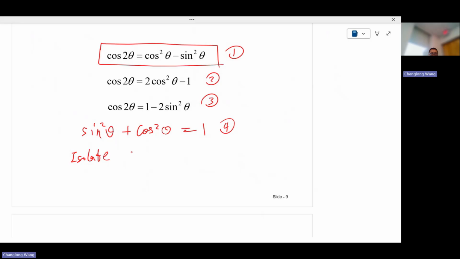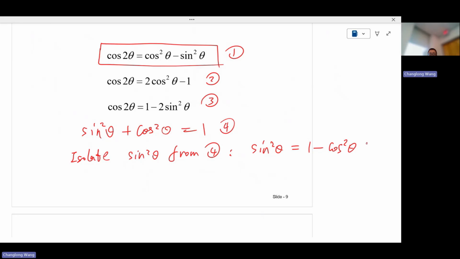sine square from equation number 4. You guys tell me, if I isolate sine square, what do I get from the 4th equation? Some say 1 minus cosine square, right? Yeah, just by subtracting cosine square.